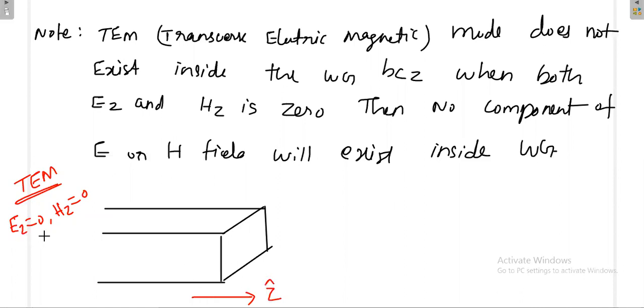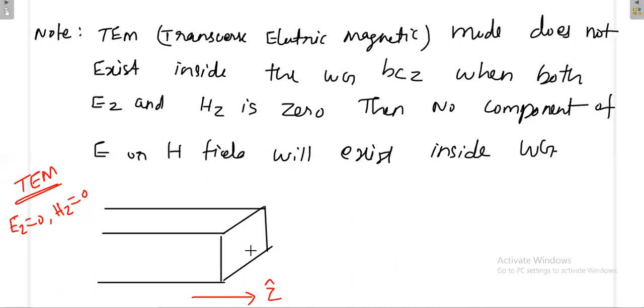When Ez is 0 and Hz is 0, now let's take Hz is 0. Once Hz is 0, the magnetic field component is 0 in the Z direction, then it has to be really on the XY plane, that is the cross section.